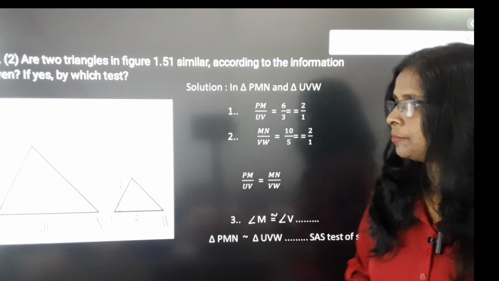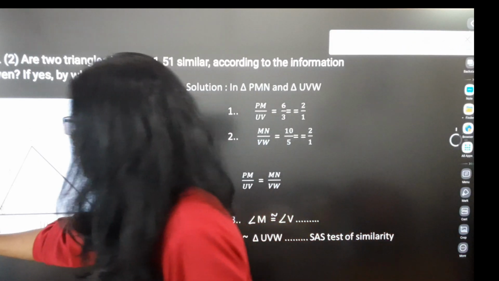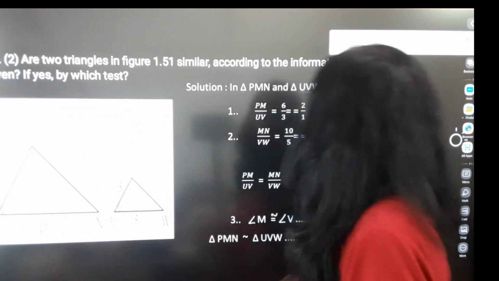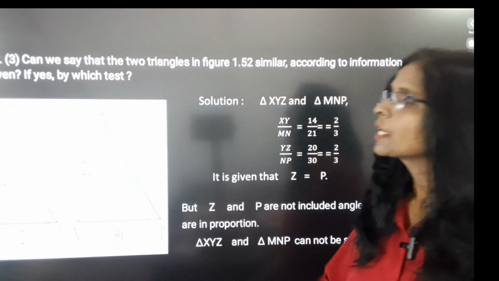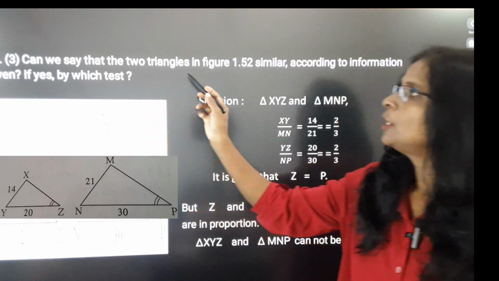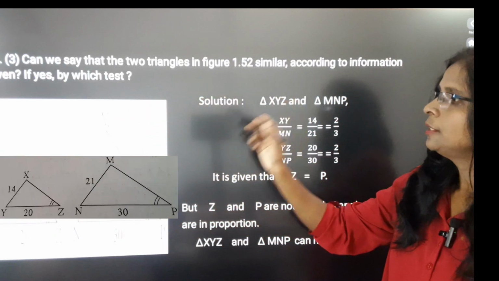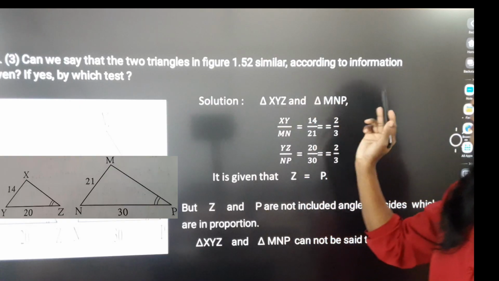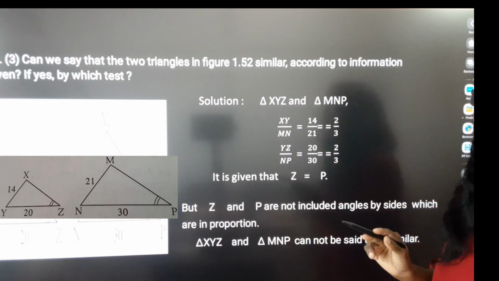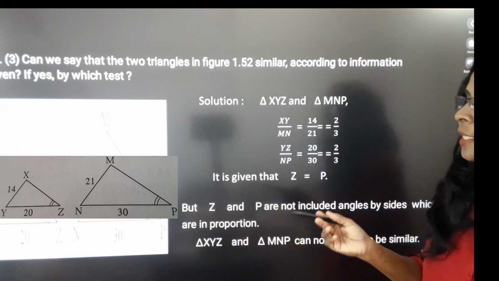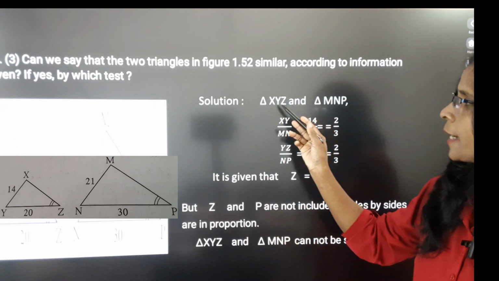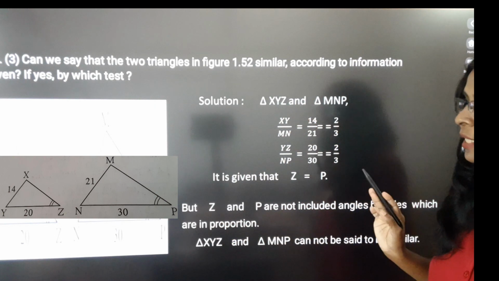Next example. Can we say that the two triangles in this figure are similar according to the information given? If yes, by which test? There are two triangles, triangle XYZ and triangle MNP.